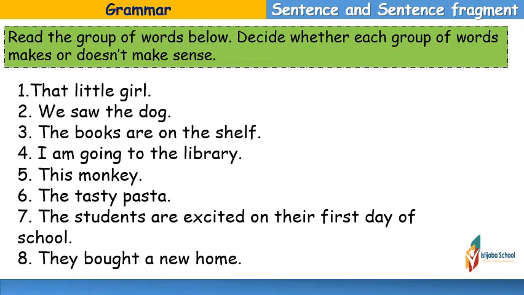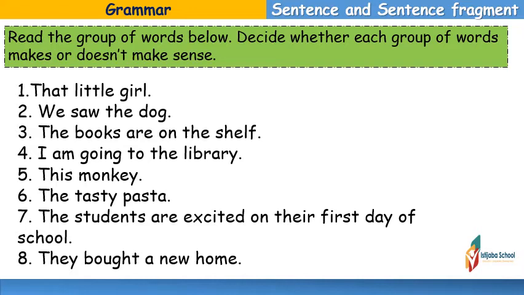Does this group of words make or doesn't make sense? It makes sense because it has a clear meaning. Number three, the books are on the shelf. It makes sense because it is complete and it has a clear meaning.